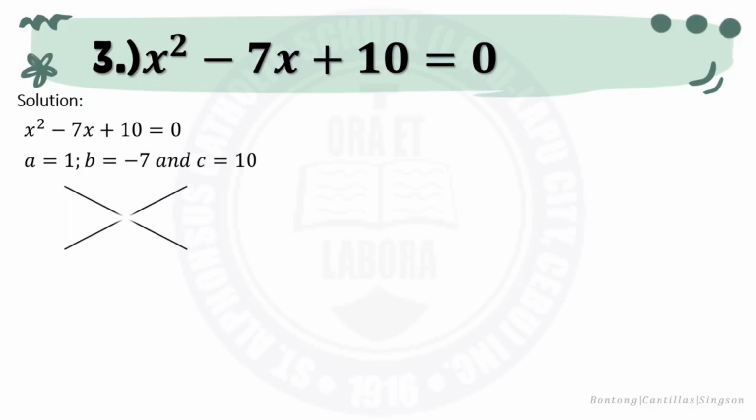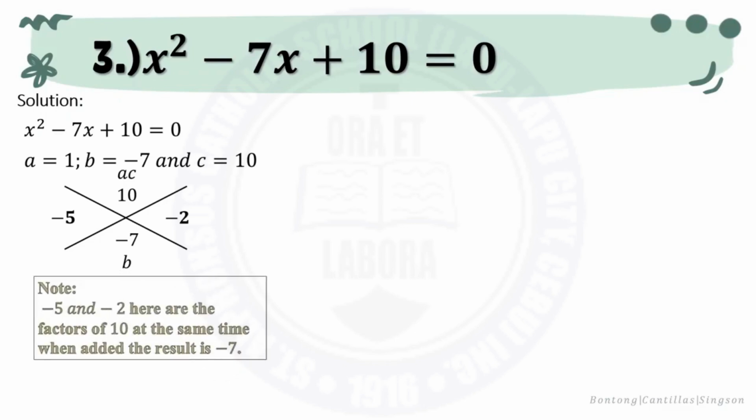Next, draw the X mark. Above, you can write the value of your AC. Below, you write the value of your B. Now, take note that on the left and right side are the factors of AC. Now, if we multiply the left side and right side, you will arrive with 10. And when you get the sum, the value will be negative 7.